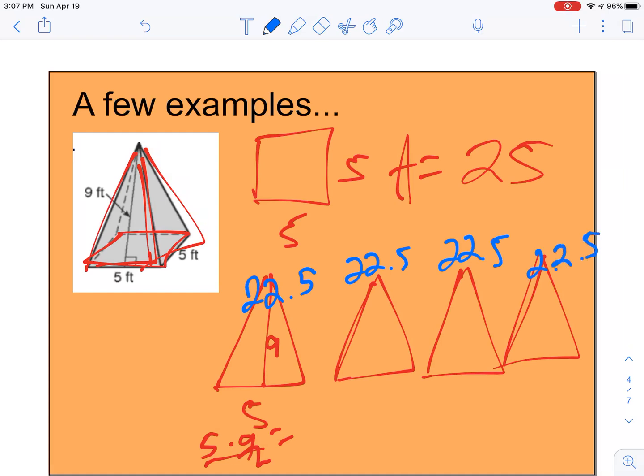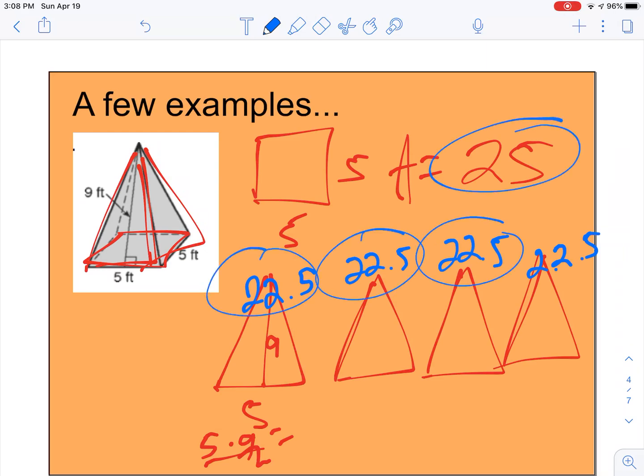So if we add these up, okay, we get 25 plus 22.5 plus 22.5 plus 22.5 plus 22.5. So if we add all of these together, we get 115 feet squared.